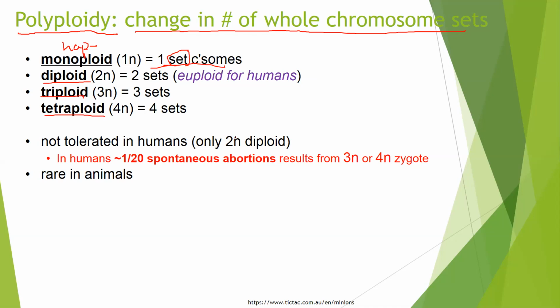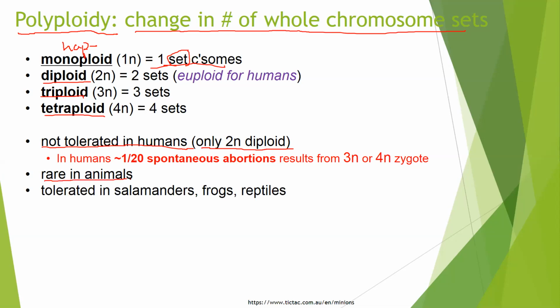This can help you get some idea about this. Indeed, polyploidy is not tolerated in humans. Only 2N diploid are viable in humans, right? And polyploidy is also very rare in other animals. For some lower animals, polyploidy may be tolerated.